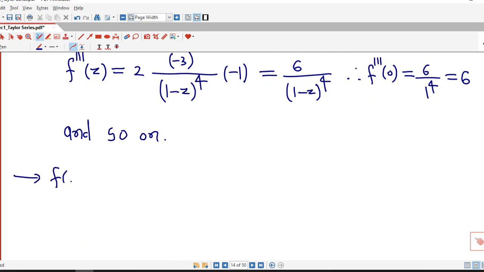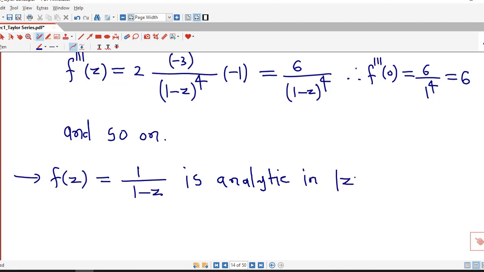Now this function f of z equal to 1 over 1 minus z, as we discussed, is analytic in the open disk represented by mod z less than 1. Therefore we can find its Taylor series about z equal to 0.